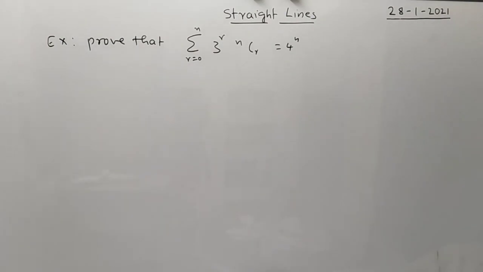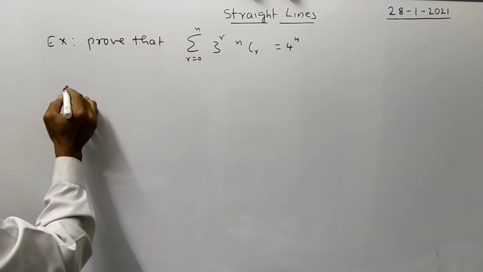Prove that summation of 3 raised to the power r into nCr, r is equal to 0 to n, is equal to 4 raised to the power n. Solution.